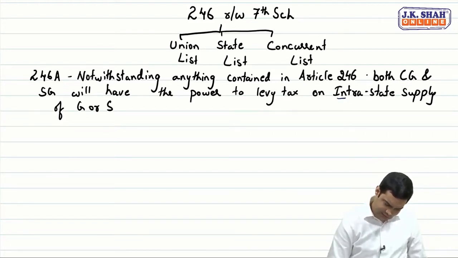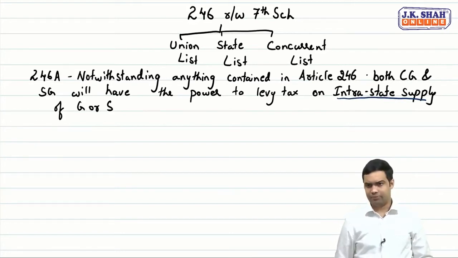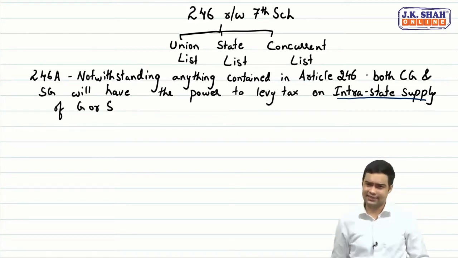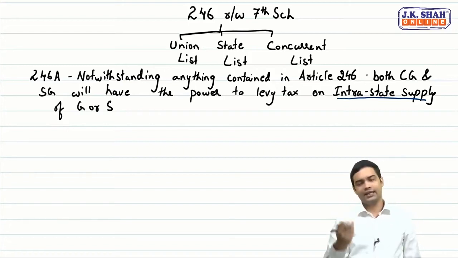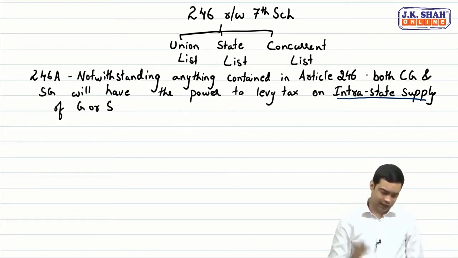intrastate supply? We will come across this word at a later point of time. But for your understanding at present, intrastate supply is a supply which is within the state. That is the crude meaning. What's the actual meaning? We'll get to it when we move forward. So, intrastate supply of goods or services, who will have the power?